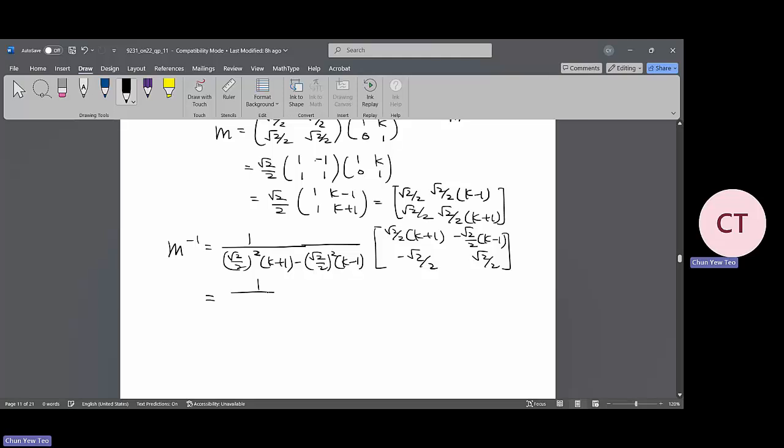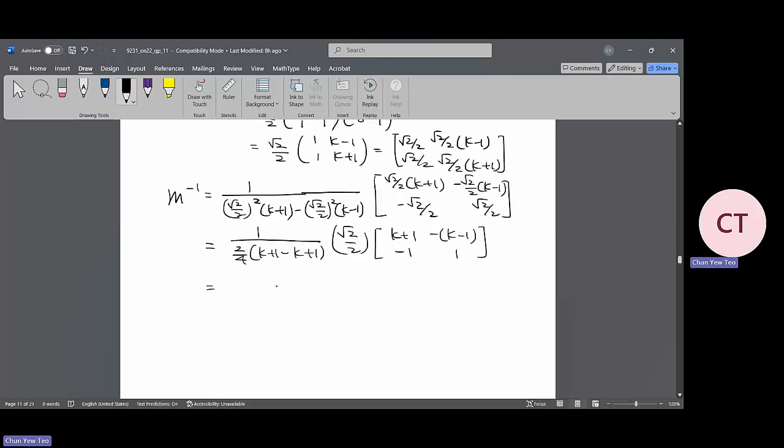We will be having the 2 over 4, then K plus 1 minus the K plus 1. This one you factorize as a root 2 over 2 out. Then inside here remain as K plus 1, minus 1, and then a negative of K minus 1, and then 1. Simplify it.